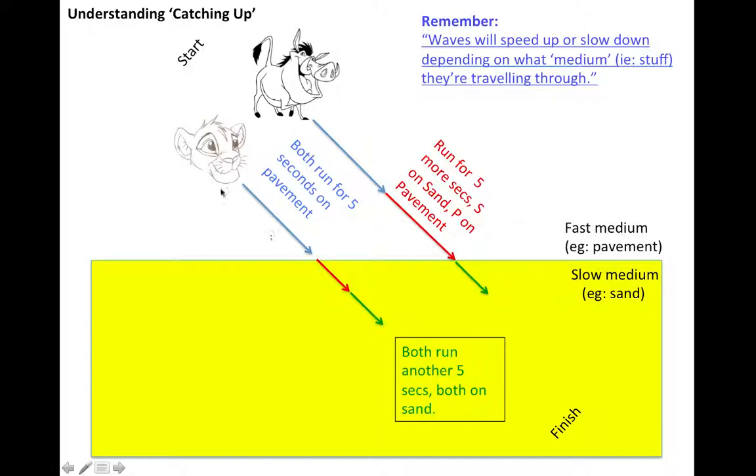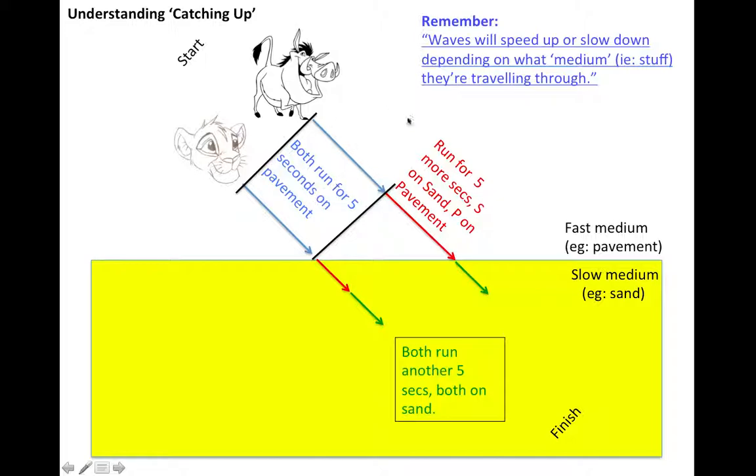Now, this is two people racing, but we can see that what I was actually trying to represent was 2 points on a wave crest. So this is the wave crest. This is Pumbaa further out to sea and Simba closer in. They're both in a fast medium.